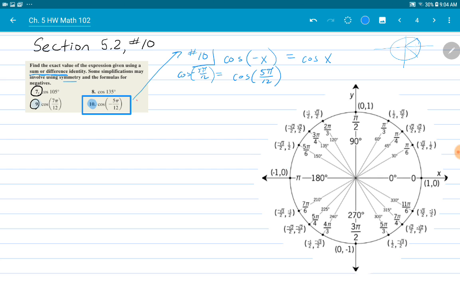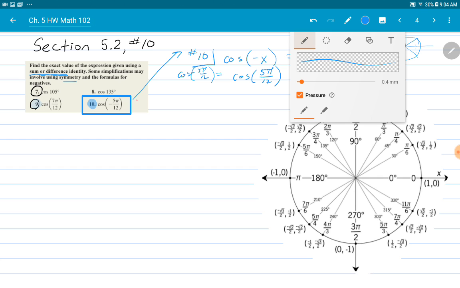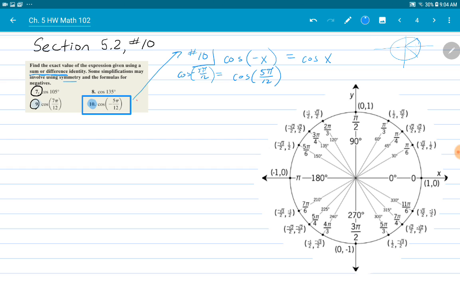So I'll add these in, I guess I'll be blue. Okay, so pi over 6 is equivalent to 2 pi over 12. And then pi over 4 is equal to 3 pi over 12.